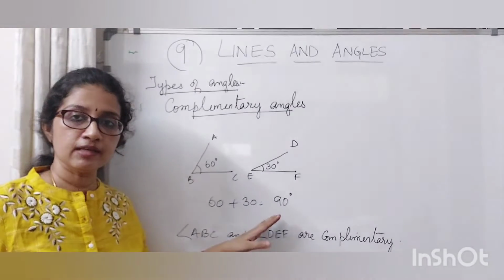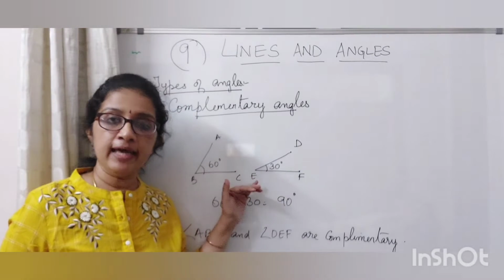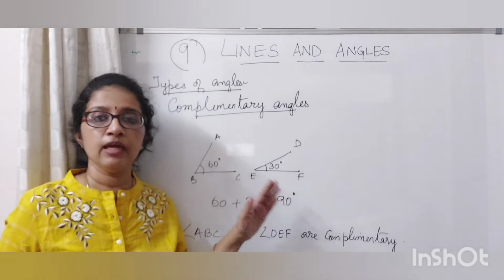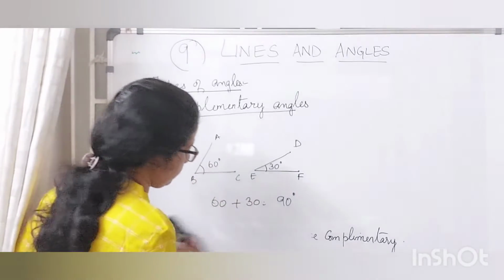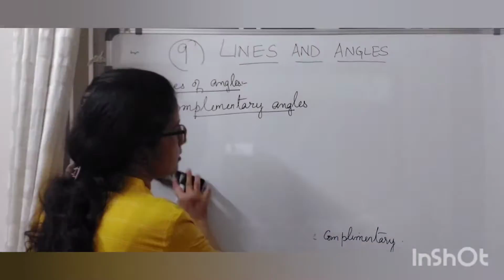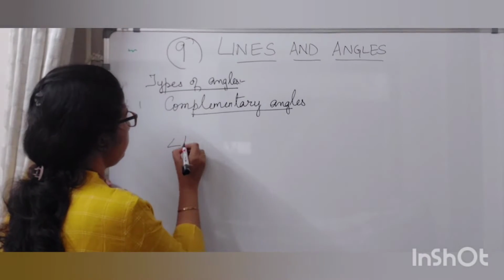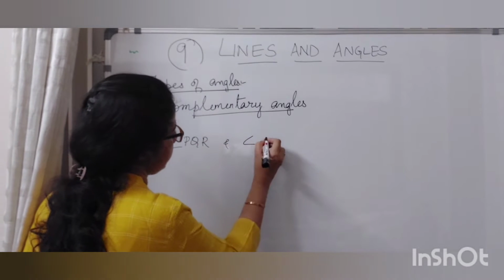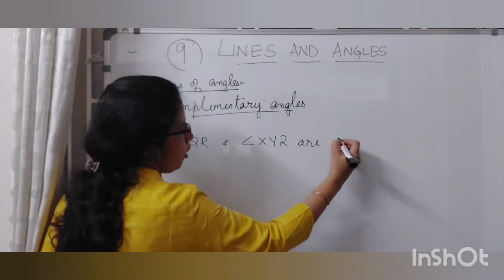So clear with this? Now they will give you one angle and they will say both the angles are complementary, and you will have to find the other angle. For example, they will say angles PQR and XYZ are complementary.